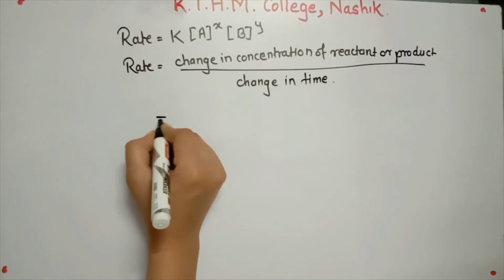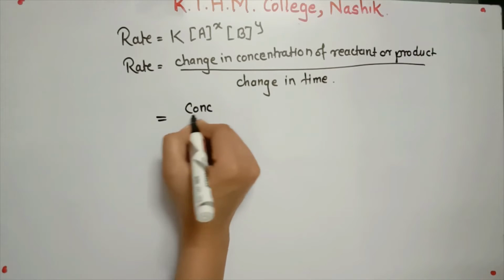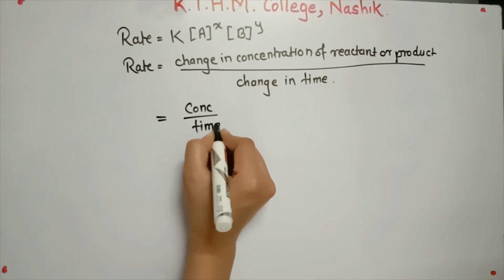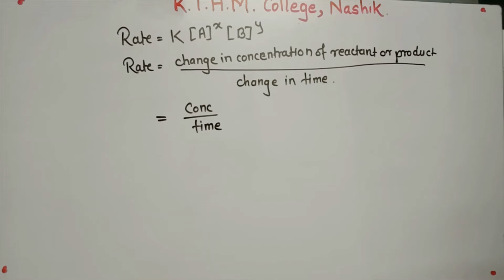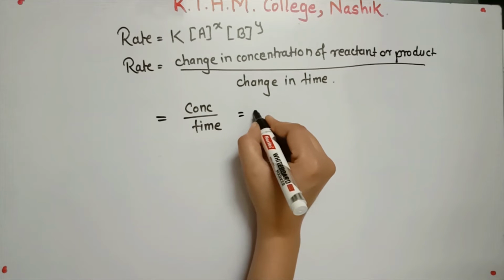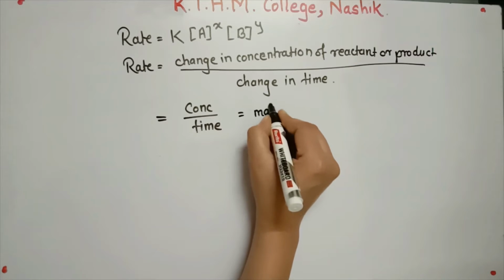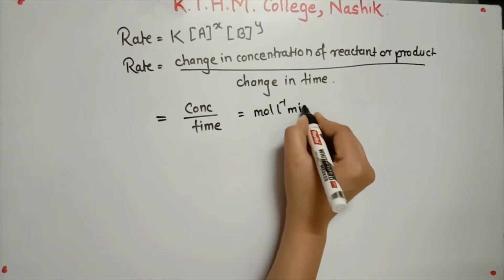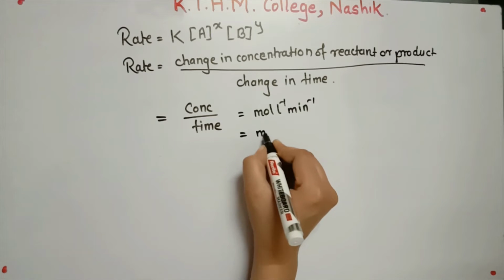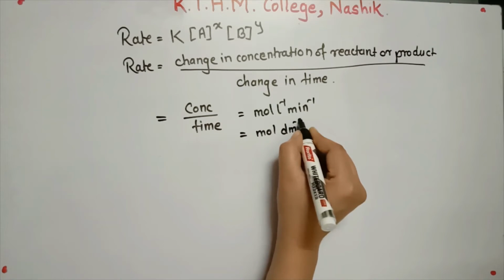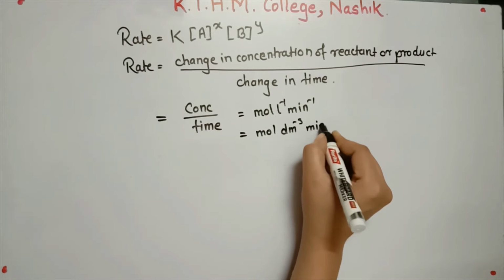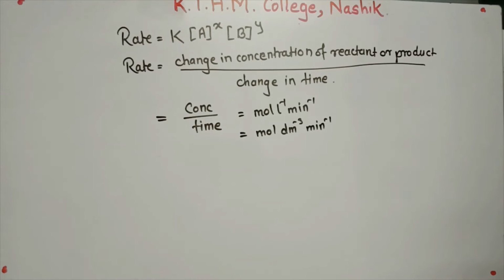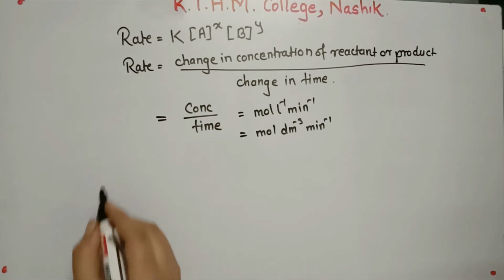Okay, so here there is concentration upon time. So the unit of rate is always mole per liter per minute or mole per dm cube per minute or whatever, but it is the change in concentration upon time.